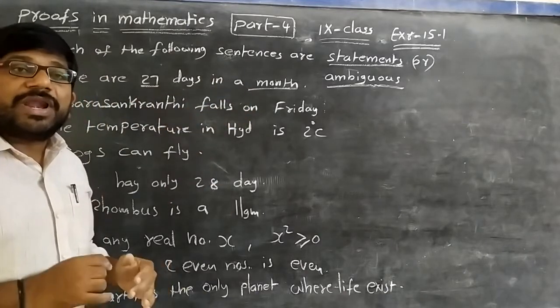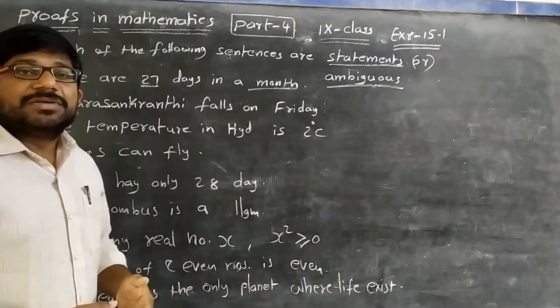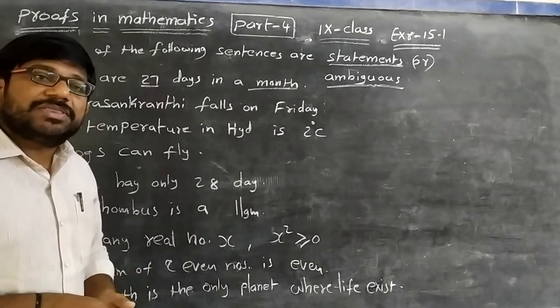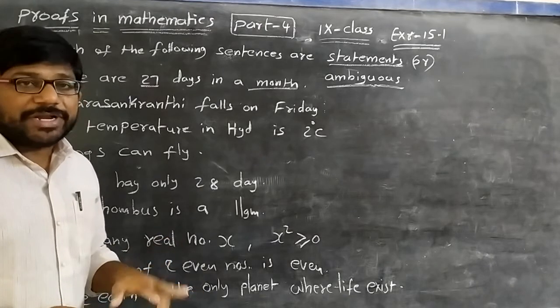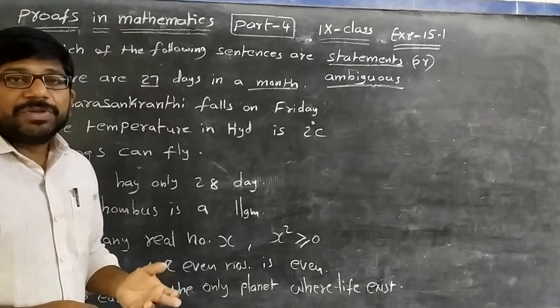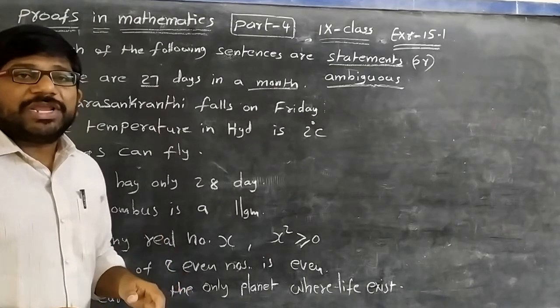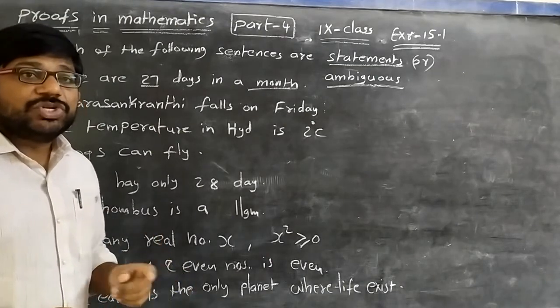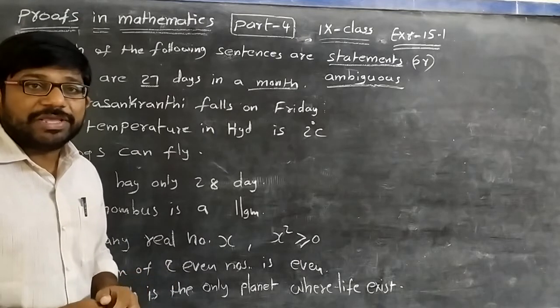Daily we observe the calendar. So how many days in a month? 30 or 31. In February, in a leap year 29, and otherwise 28 only.